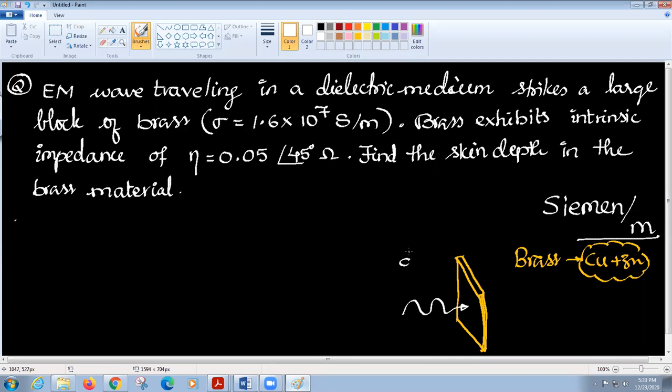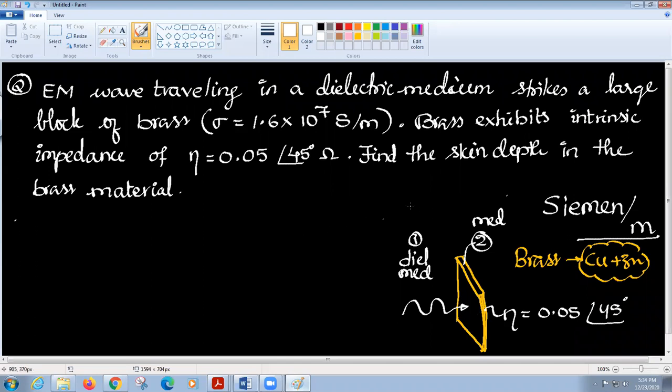This medium 1 is my dielectric medium, and this is your medium 2, your brass medium. So this is almost a conducting medium. Now he just gave that brass exhibits intrinsic impedance eta equal to 0.0545 degrees. So therefore find the skin depth, you know very well.